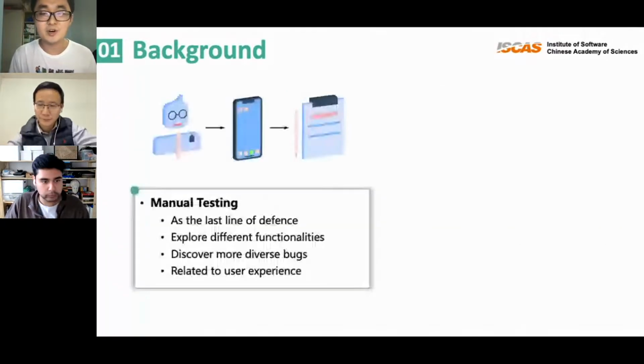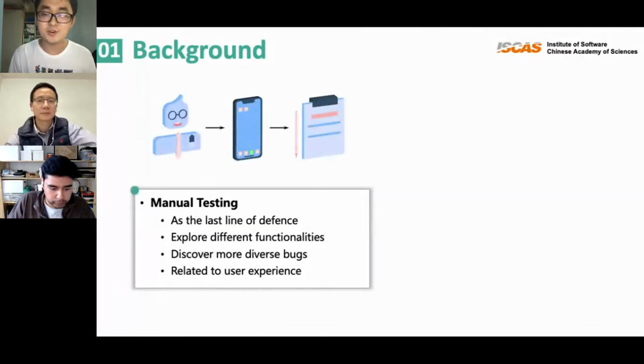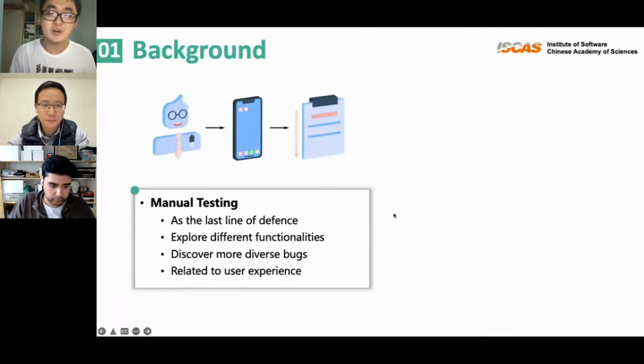First, as we all know, Android apps become more and more complex, and automated testing often has some problems, such as low test coverage, single operation, and so on. To ensure application quality, many companies also adopt manual testing as the last line of defense, and some software developers also lack manual testing.